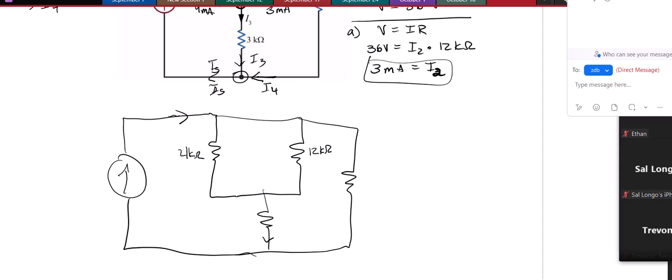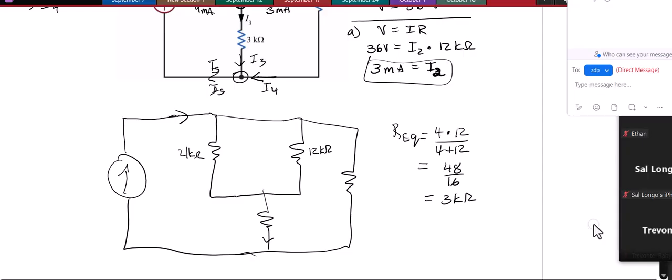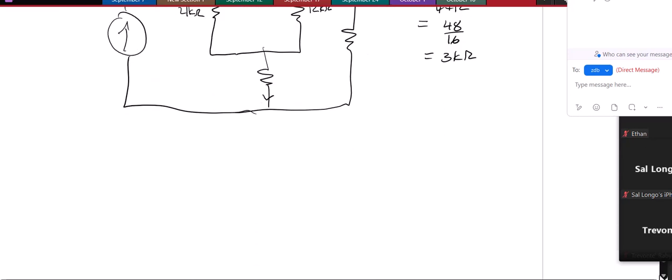4 kilo ohms and 12 kilo ohms are in parallel. So their equivalent resistance is product over sum, 4 times 12 over 4 plus 12. So that's 48 over 16, or 3 kilo ohms. And that seems right because the equivalent resistance should always be less than either one of the original resistances.